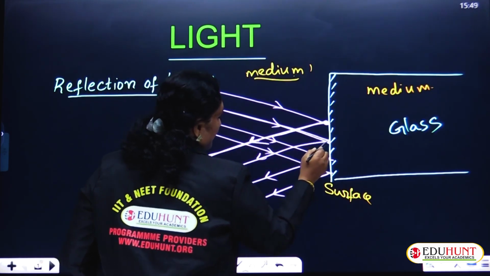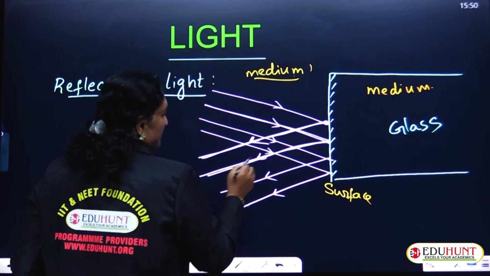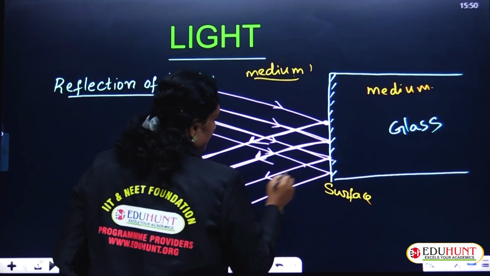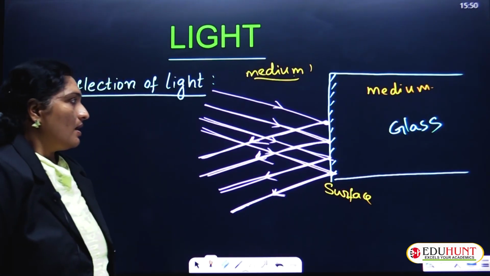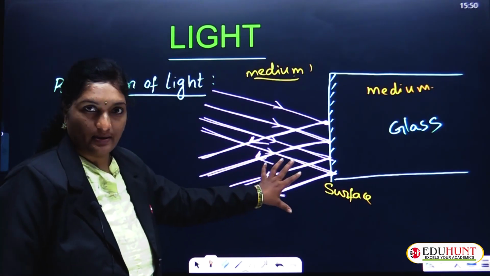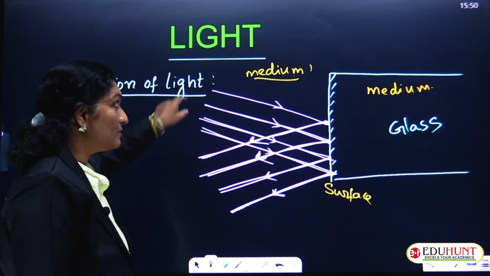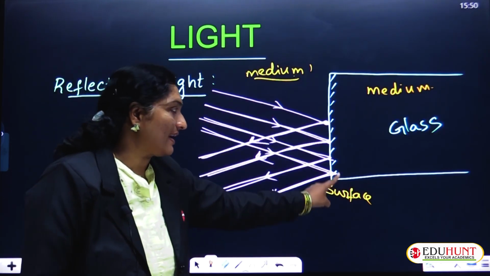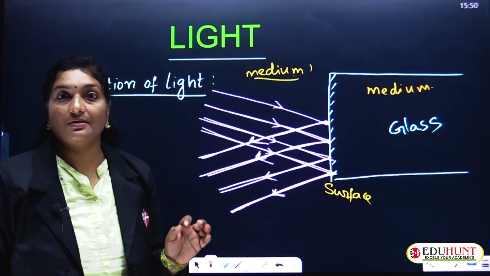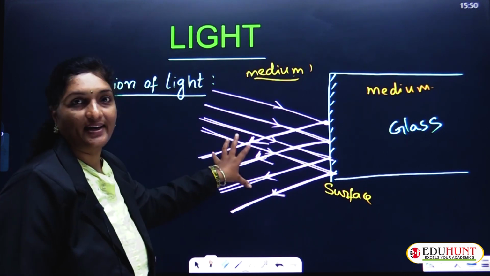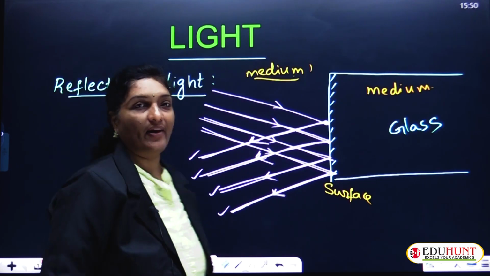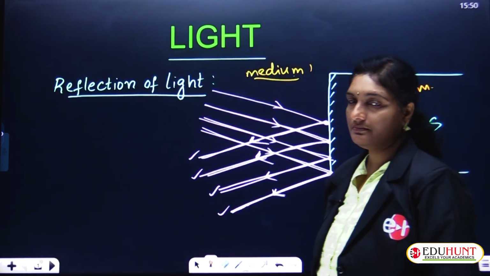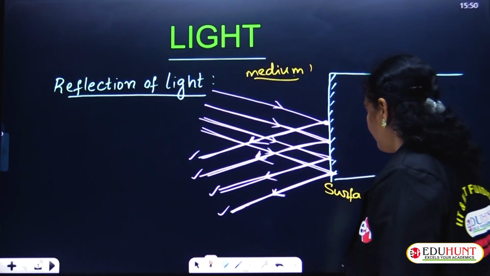This light ray falling here on the surface returns back to the same medium. Third light ray and fourth light ray as shown. So the portion of light which returns back to the same medium after striking the surface is called the reflected light ray. So these rays are called your reflected light rays. Is the concept clear, children?